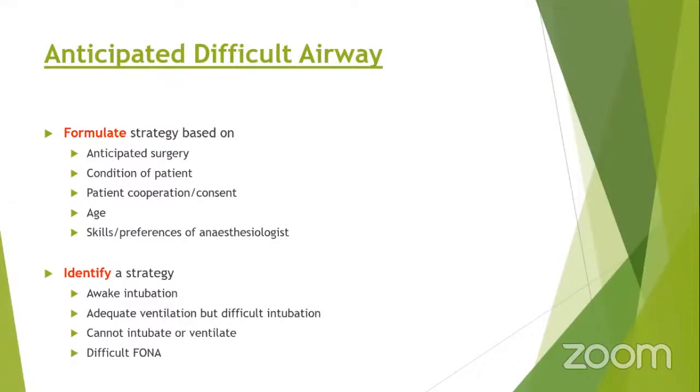And lastly, the skills and preference of the anesthesiologist. A person who is not skilled to do an awake fiber optic intubation, or has not used a fiber optic intubation prior in a normal individual, it will be very difficult when it comes to an anticipated difficult airway in such a person. So to formulate a strategy is very important. Seeing all these factors, you have to come out with a plan.